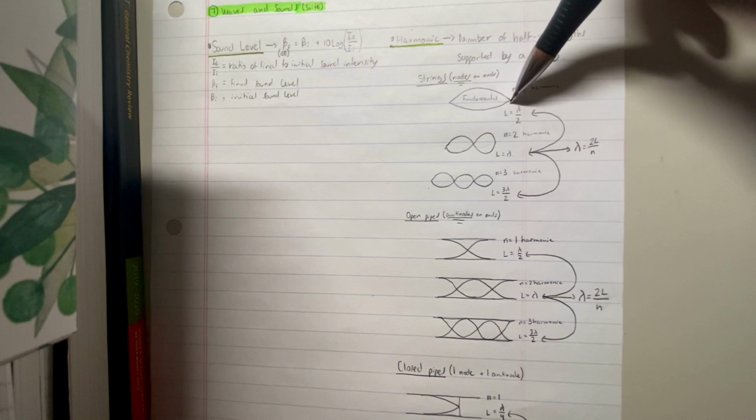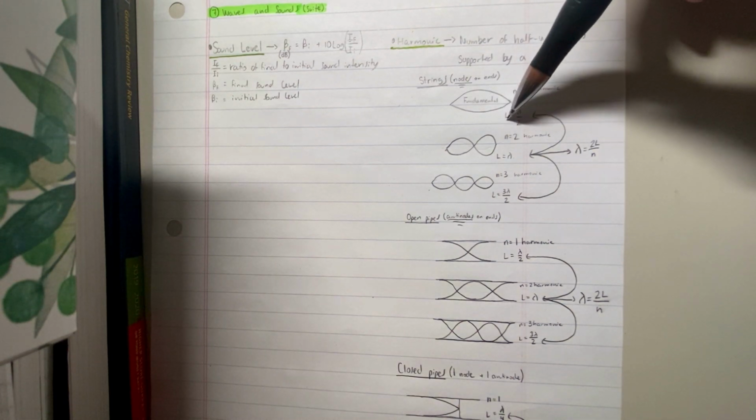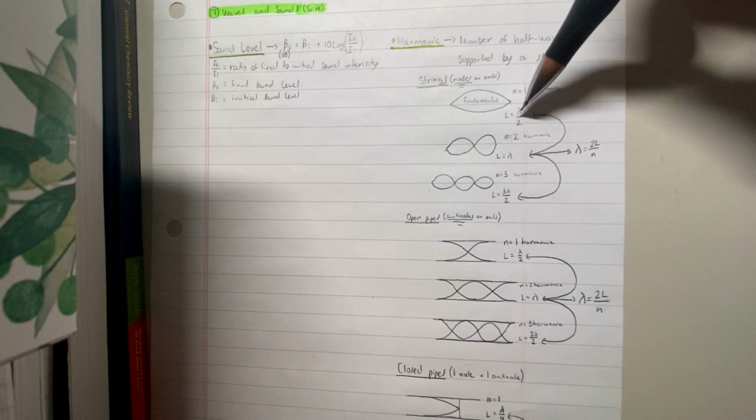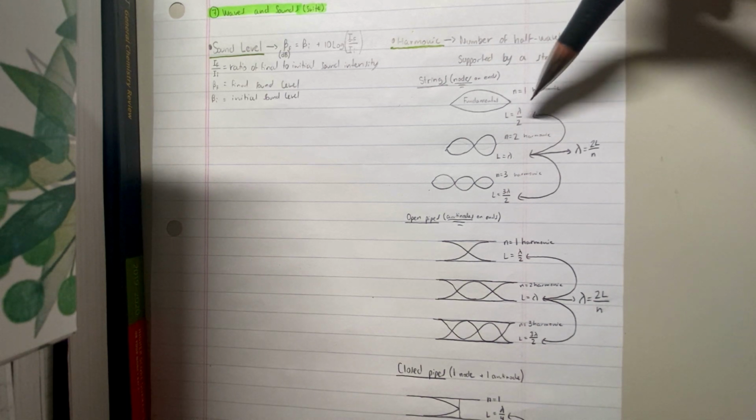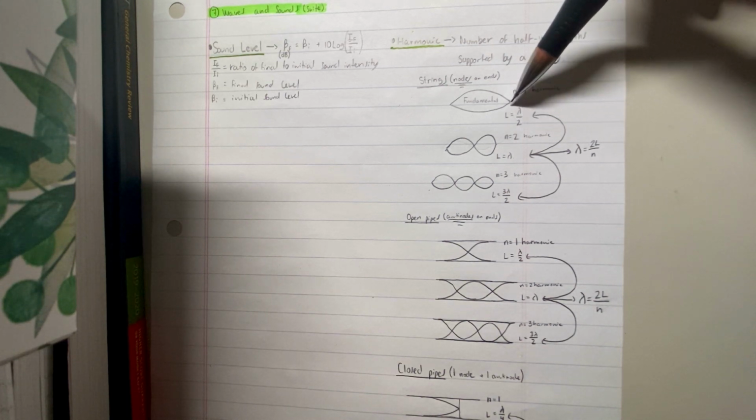So a full wavelength is going all the way and then coming to another node. So the length of the fundamental harmonic would be the wavelength divided by 2, because that's half of a wavelength here.